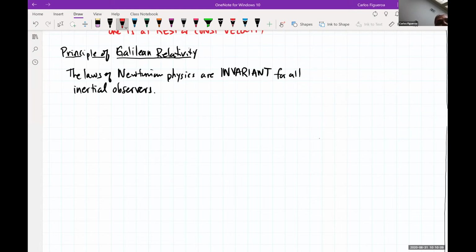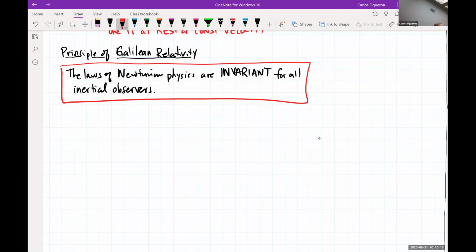This is what Newton actually wrote right there. So then the question of special relativity is known as the principle of special relativity.